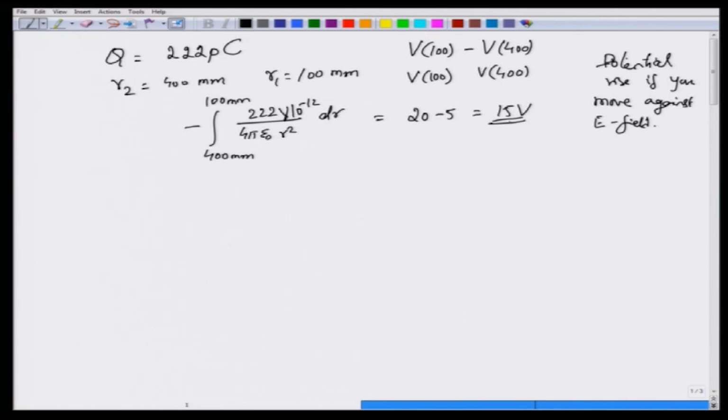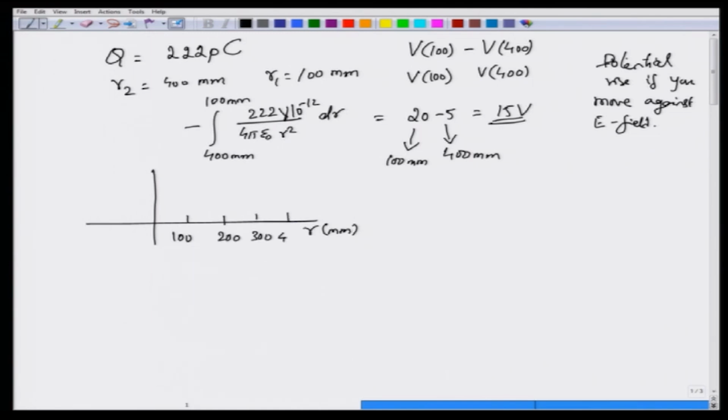You can of course from this expression itself find out that the potential at 100 is 20 and the potential at 400 is 5 volt. So, this is the potential at 400 mm, this is the potential at 100 mm. In fact, if you sketch the potential, you do a couple of other calculations, like finding the potential at 100, 200, 300, 400 and so on.